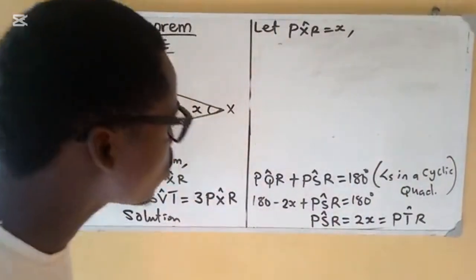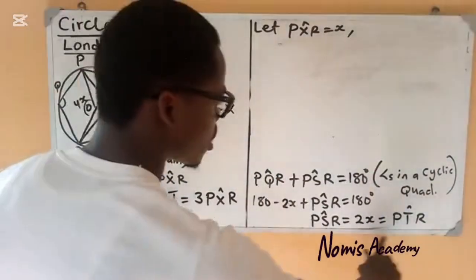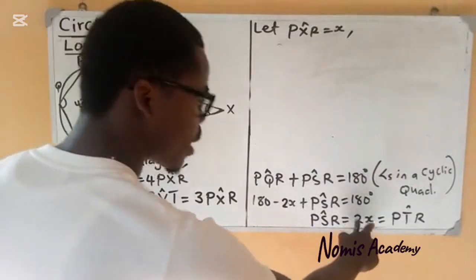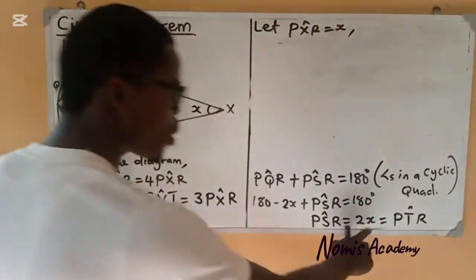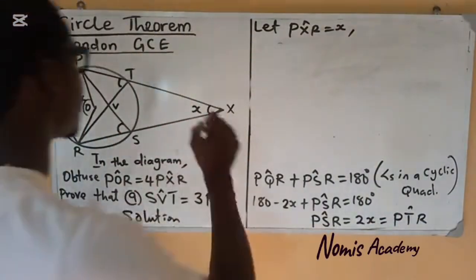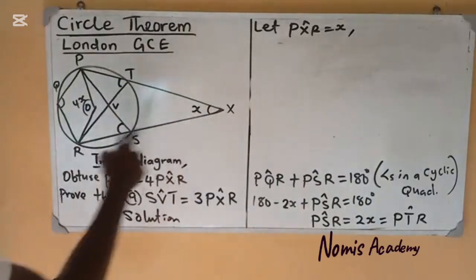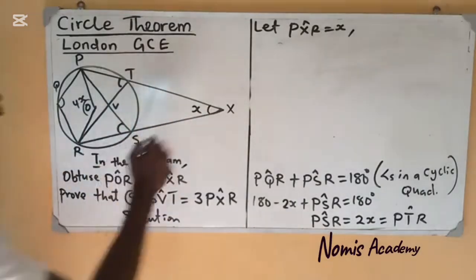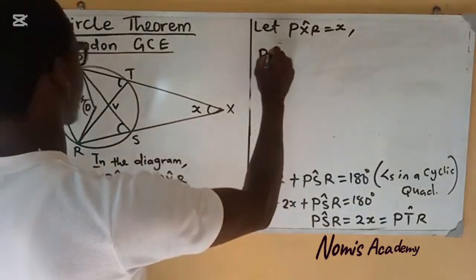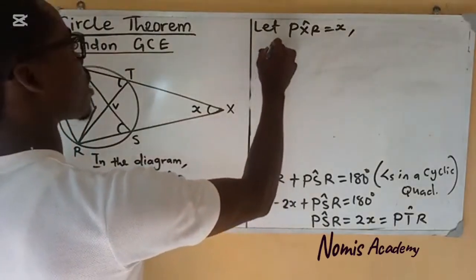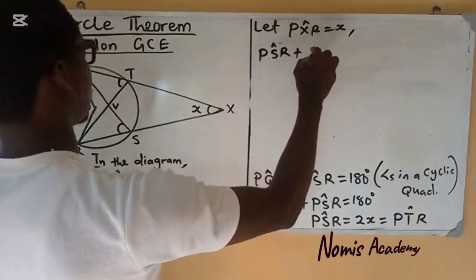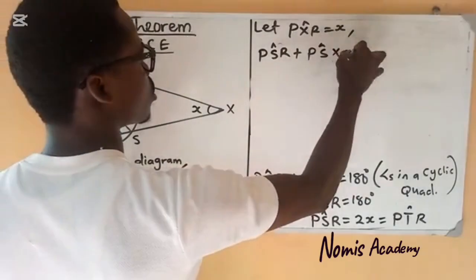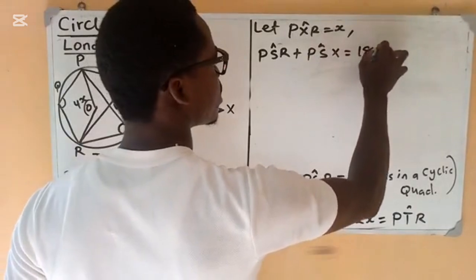Since we know that PSR is equal to 2x and PTR is also equal to 2x, let's look at the straight line, angles on a straight line, and we have two angles at X. So PSR plus PSX sum up to 180 degrees.